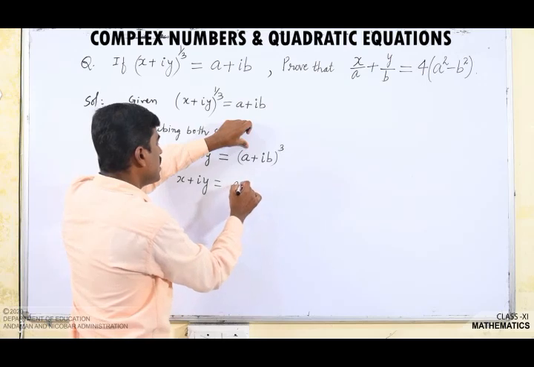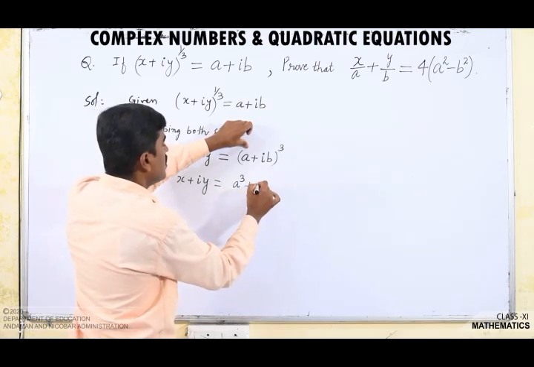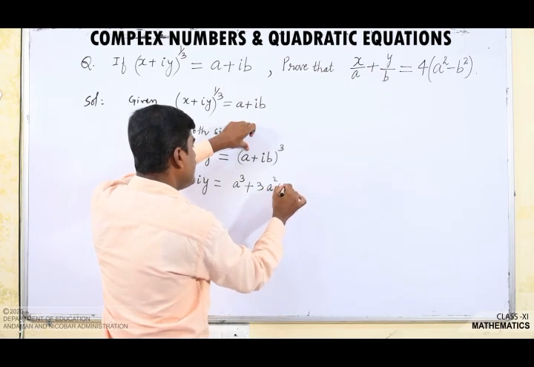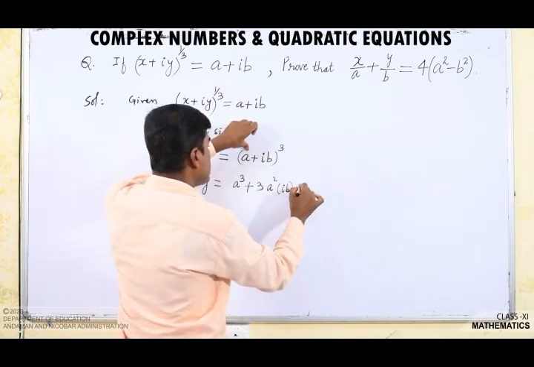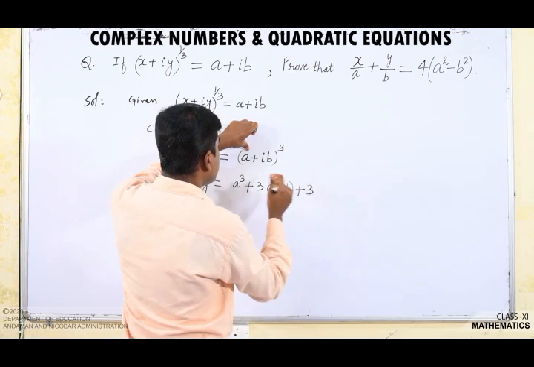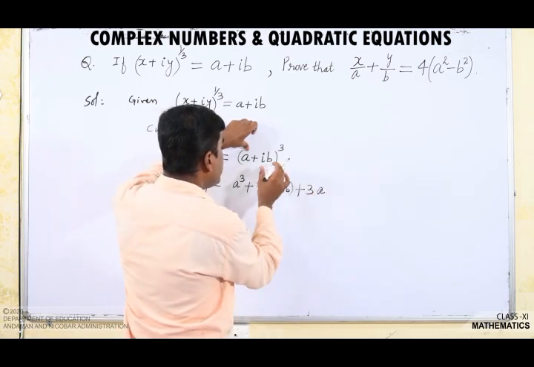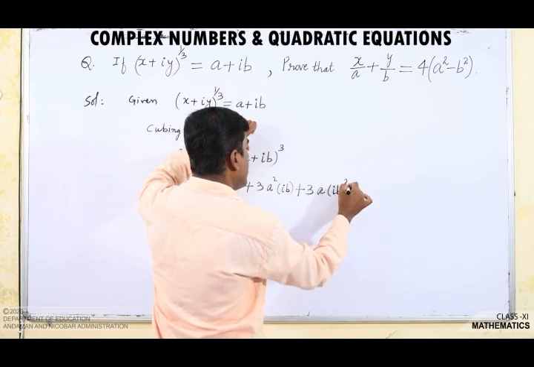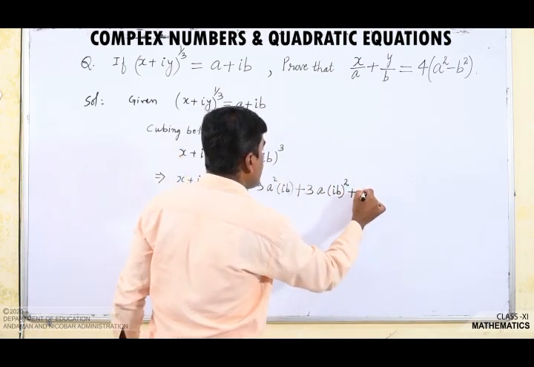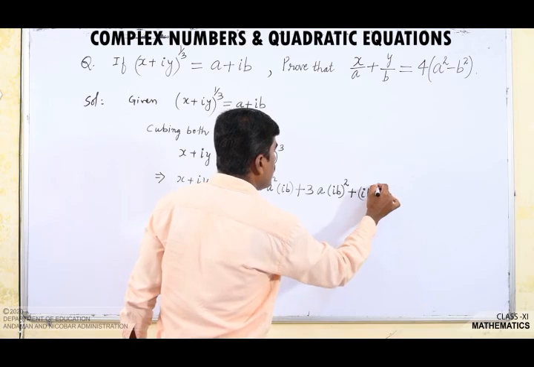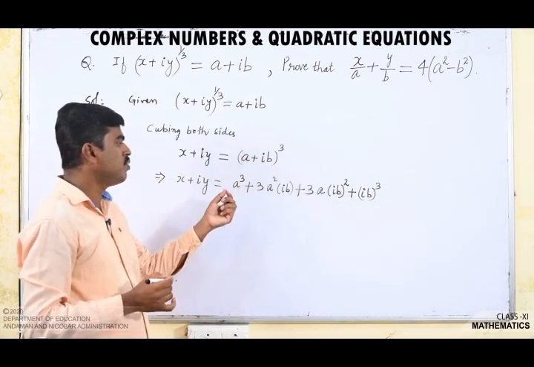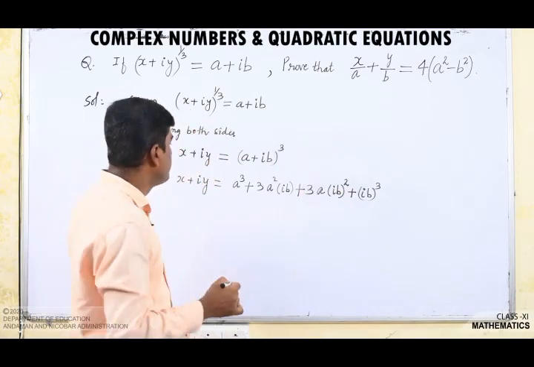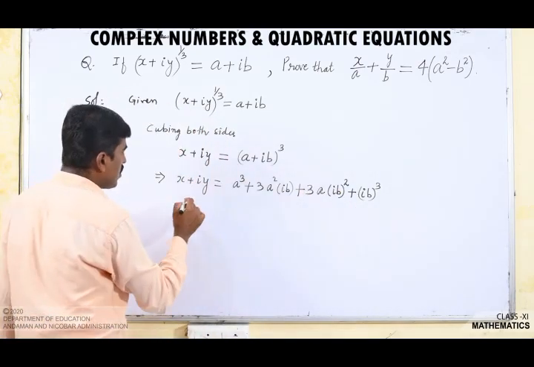So it is a cube plus 3a square (ib), plus 3a (ib) square, plus (ib) cube. It is the formula for (a plus b) whole cube, that is a cube plus 3a square b plus 3ab square plus b cube.